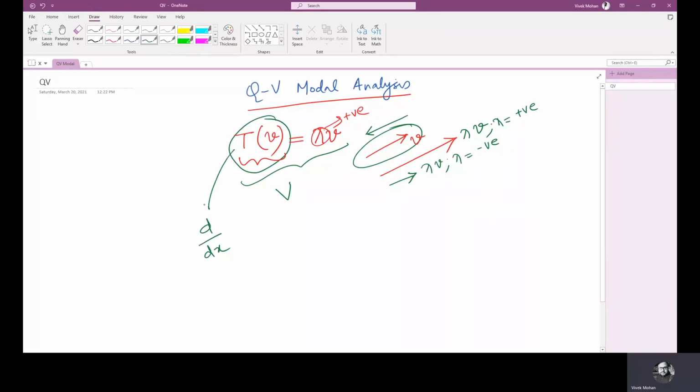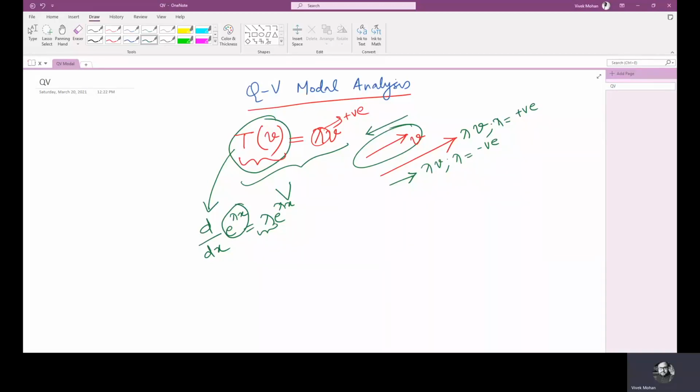Then T is d by dx. So d by dx of e raised to lambda x equals lambda e raised to lambda x. This is the linear transformation.